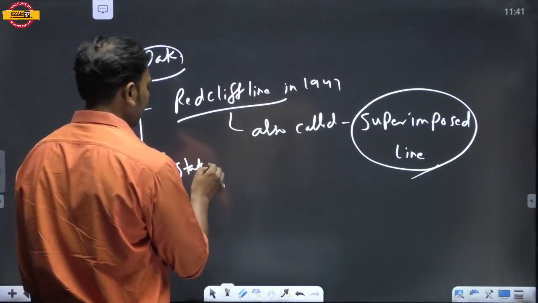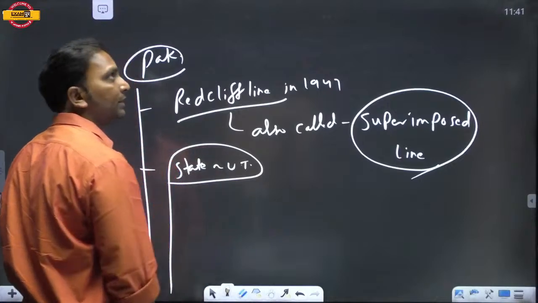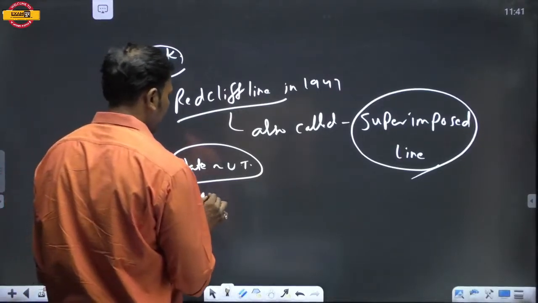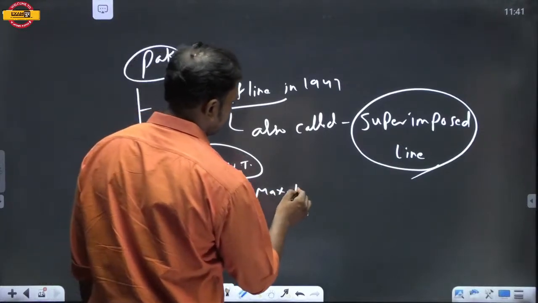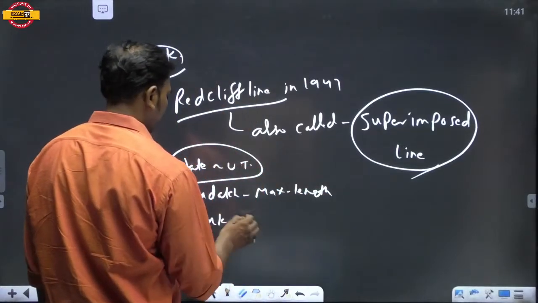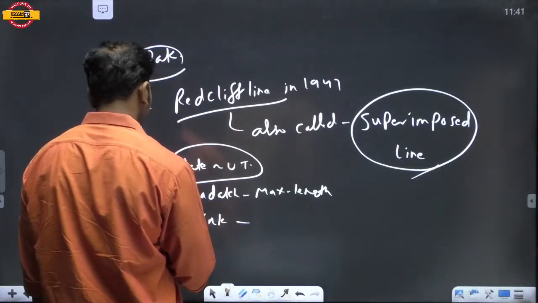The state and union territory. Ladakh, maximum length. Jammu and Kashmir. These are the two union territories.